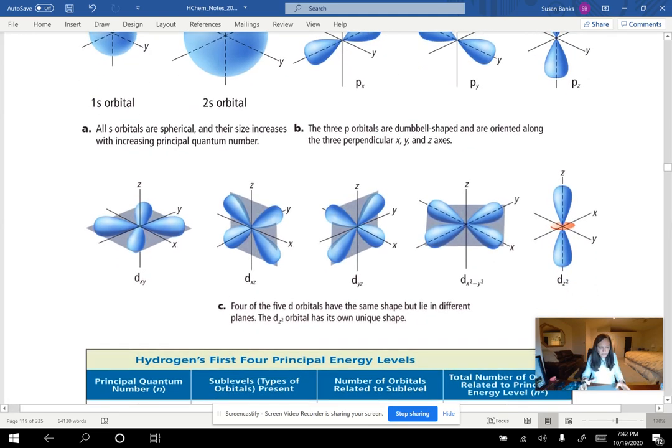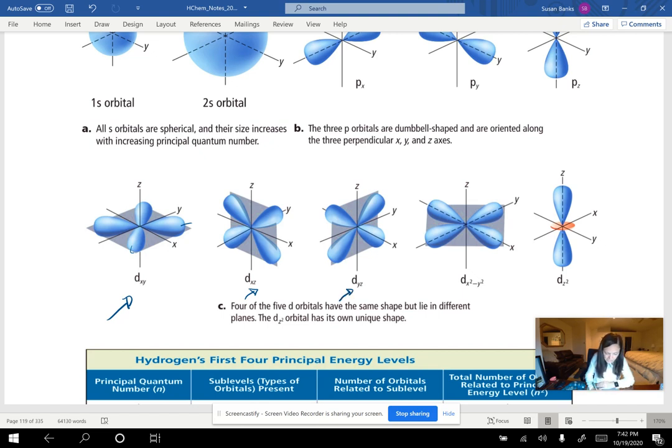Okay? D orbitals, I said, were kind of like a clover leaf. We have dxy, which is within the xy plane, but in between the axes. We have dxz that's on the xz plane, but in between the axes.